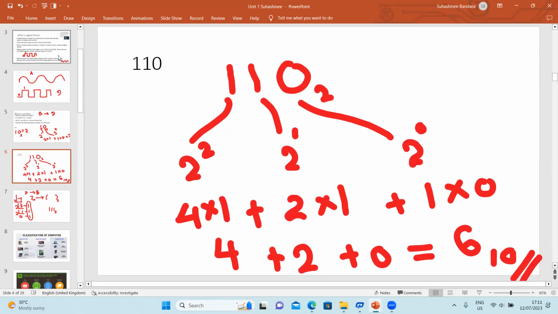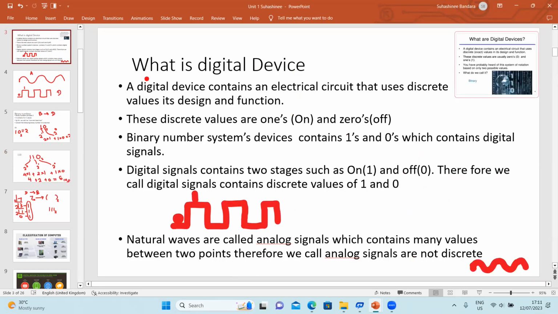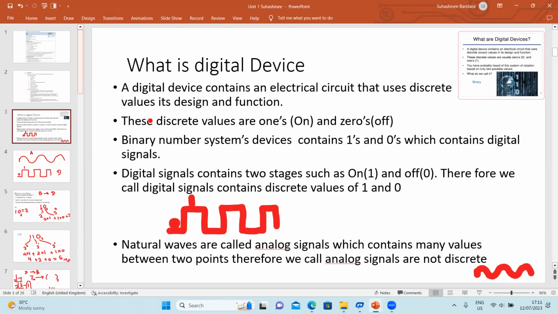Okay. So now we'll see the note again. Digital devices: a digital device contains an electrical circuit that uses discrete values in its design and functions. The discrete values are ones and zeros. One means on, zero means off.